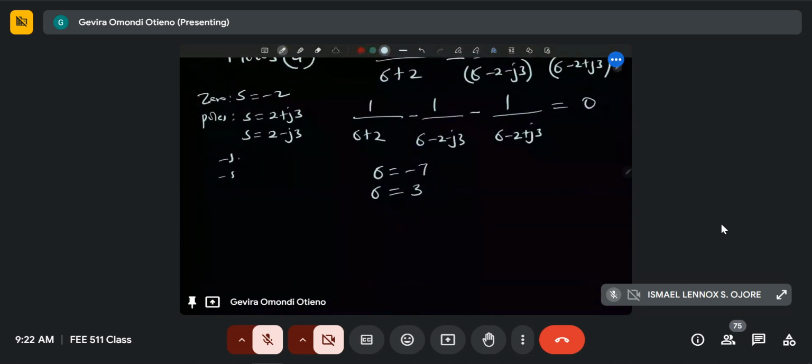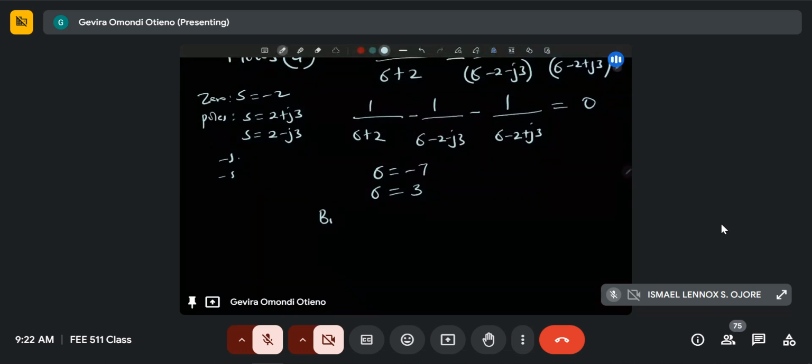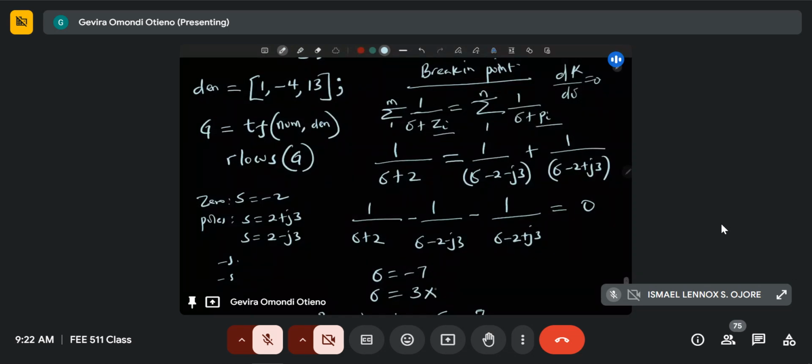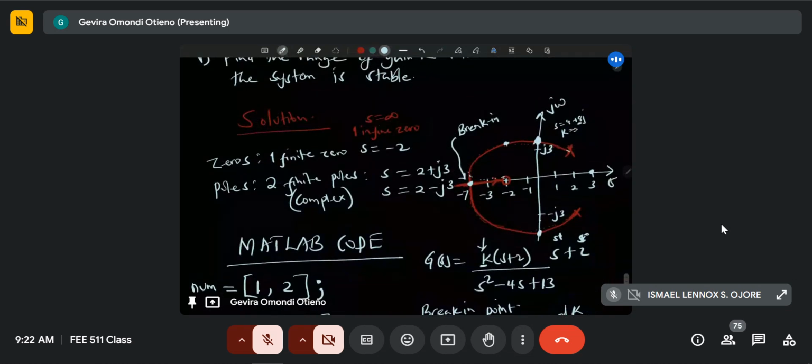So the break-in point is sigma equals -7, because it can't be the other one. It's this one, because 3 is not where the break-in occurs. Okay? So that is how you pick.